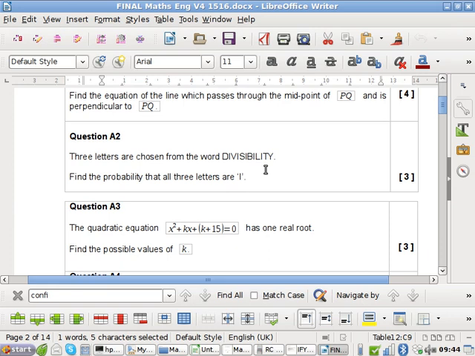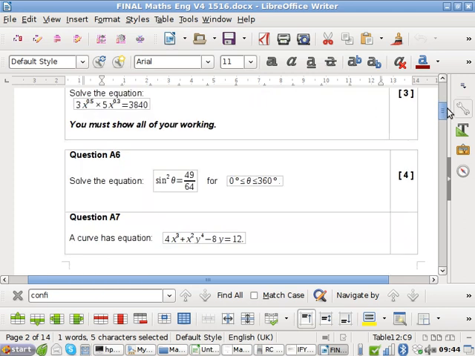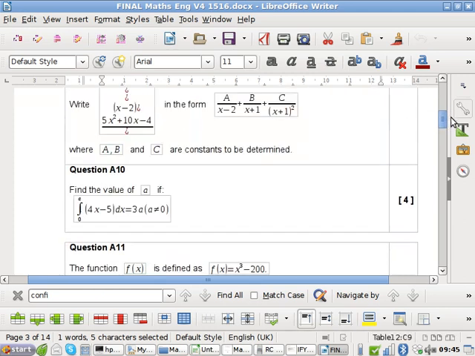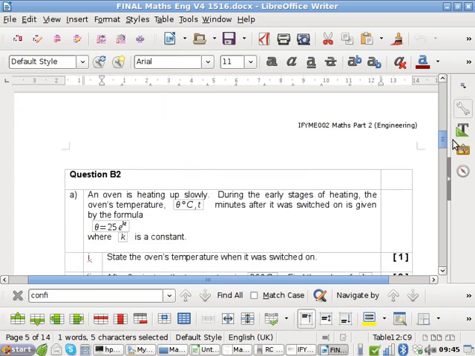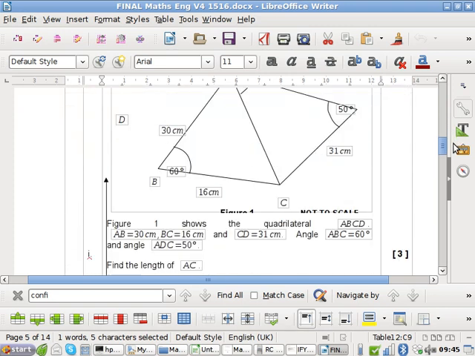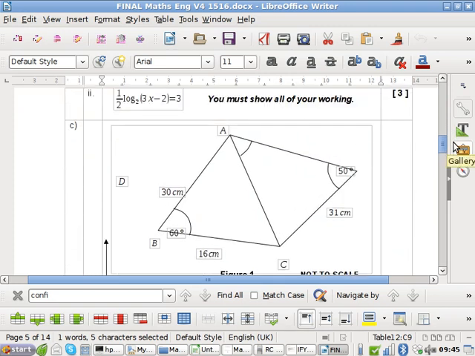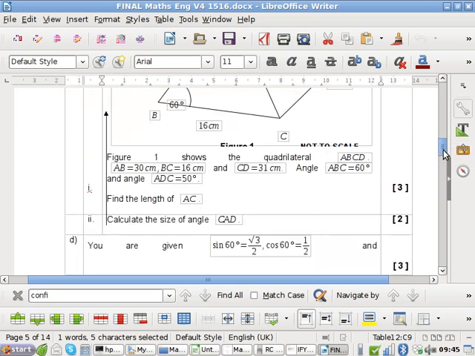It's a bit like what we did in semester 1 with the balls in the bag. You get a red the first time, a red the second time, a red the third time. Also 3 marks. So probability is a good question on the exam, because a lot of the exam is calculus, and some stuff from semester 1, like the sine and cosine rule.